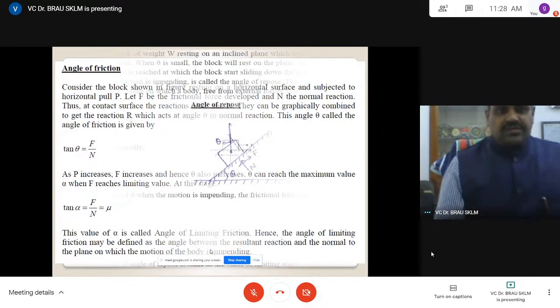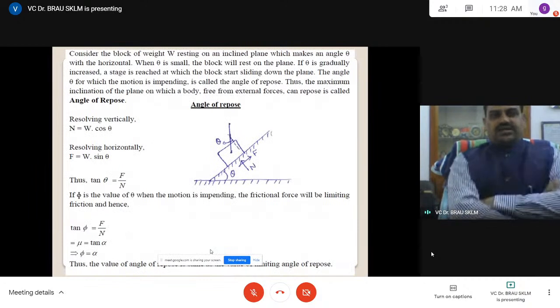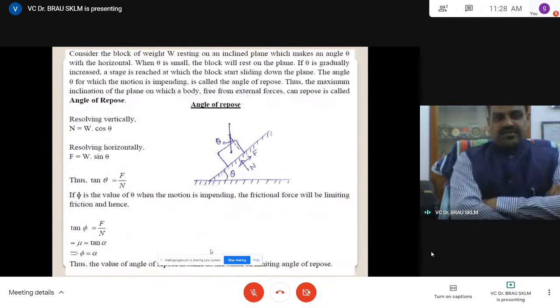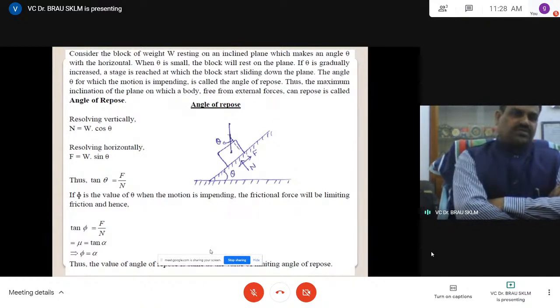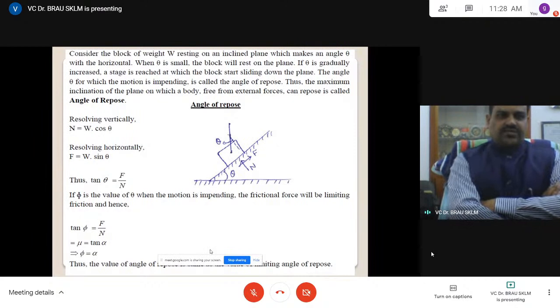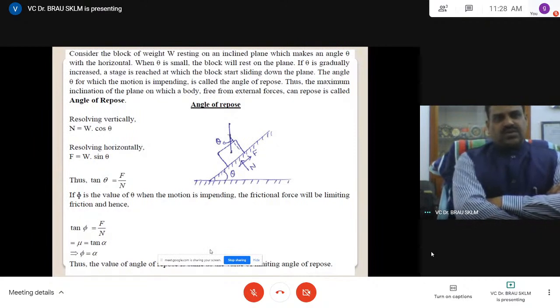Now next, let us consider a block on an inclined surface. N is perpendicular to the surface, the reaction force acting upwards. Sometimes we have to calculate the angle of repose. Here consider a block on a plane inclined at an angle theta.